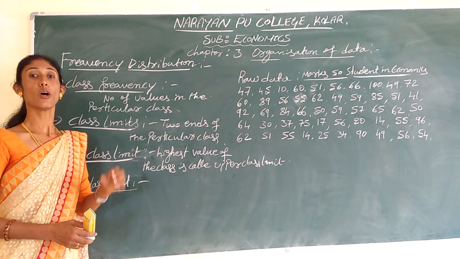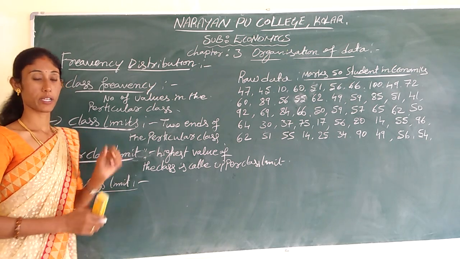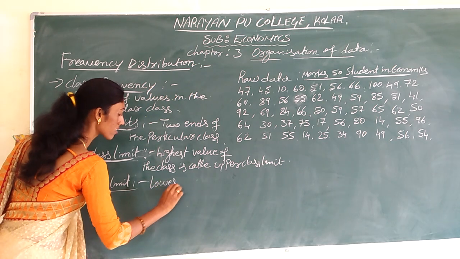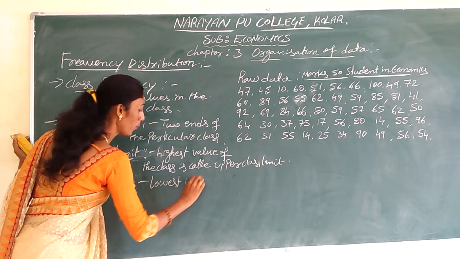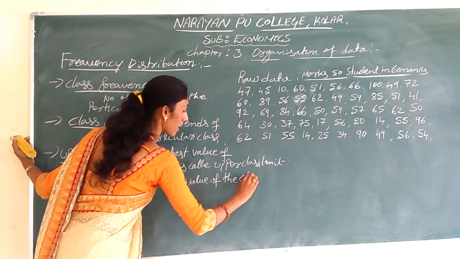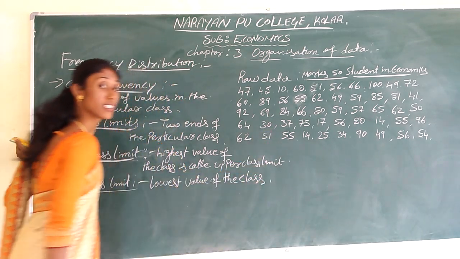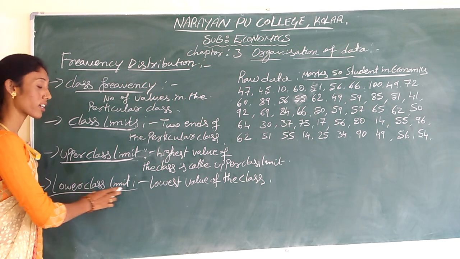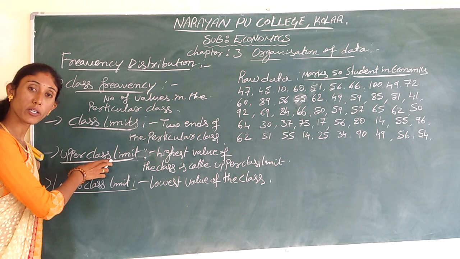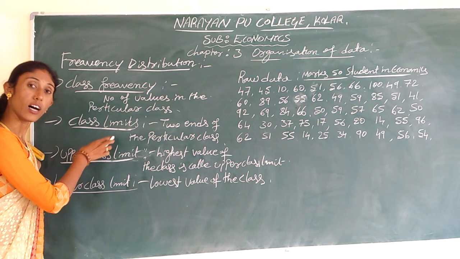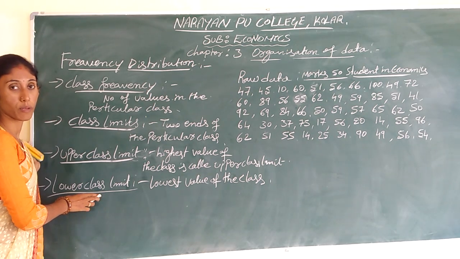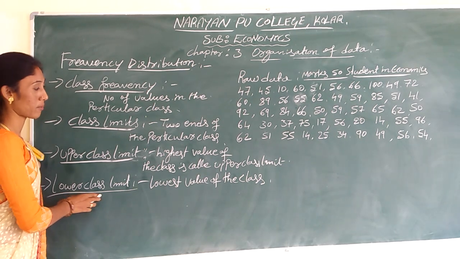The lowest value of the class is nothing but the lower class limit. Understood, right? The highest value of that particular class is considered as the upper class limit, and the lowest value of the particular class will be considered as the lower class limit.